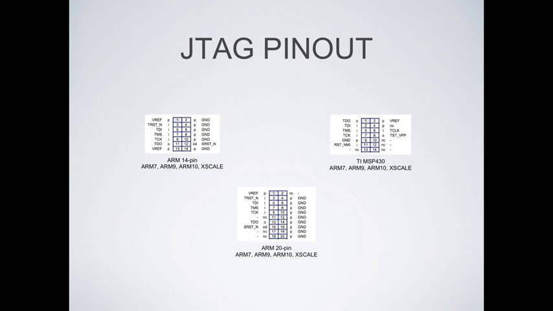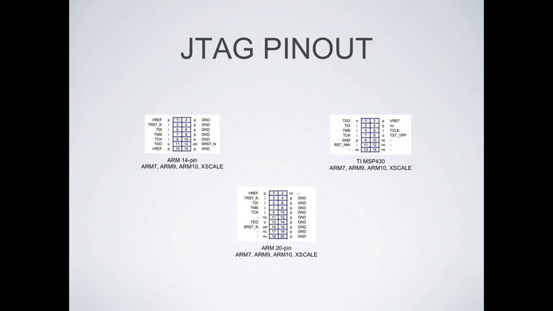These are the more common pinouts for ARM, and on the right there's the TI MSP430. These headers sit somewhere on your PCB. You find out where the JTAG pins come out of your microcontroller, then do the continuity testing and beeping out to find where it is on the board and what header it goes to.